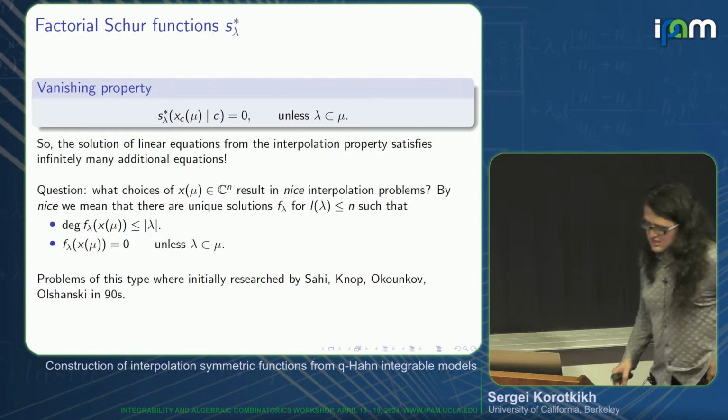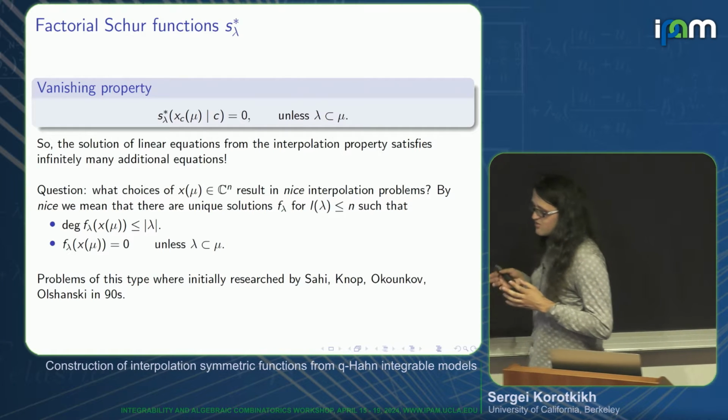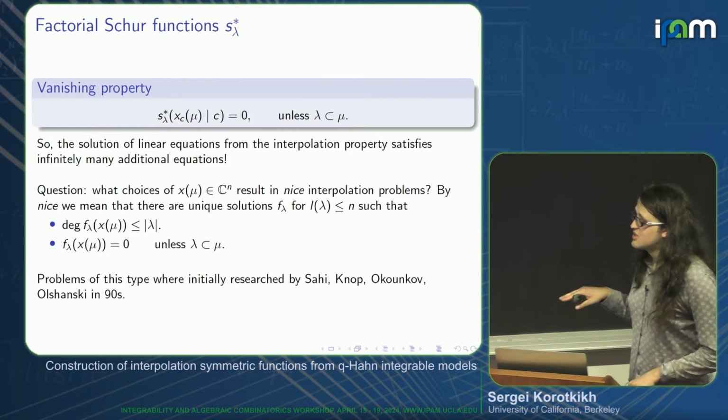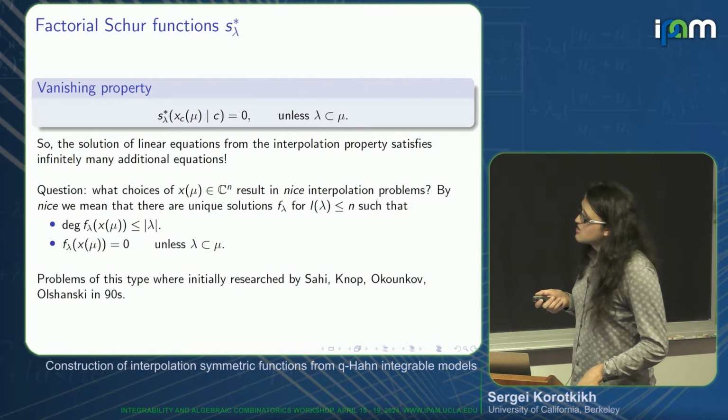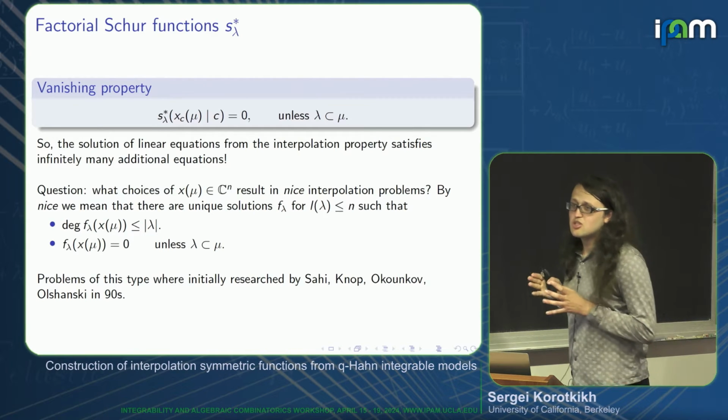This vanishing property is way more general than just this particular system of linear equations. These factorial Schur functions will vanish for all points x_mu which do not contain my partition lambda.